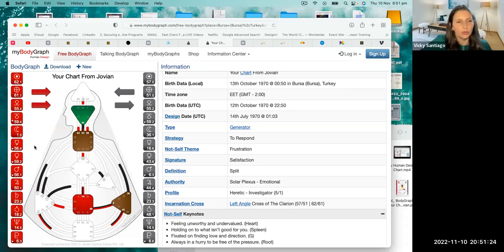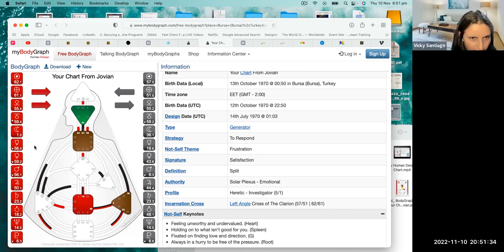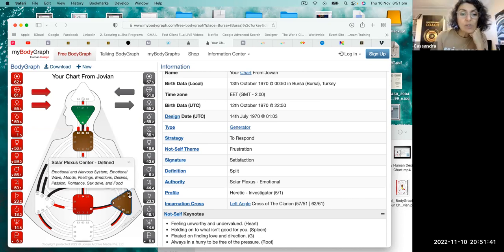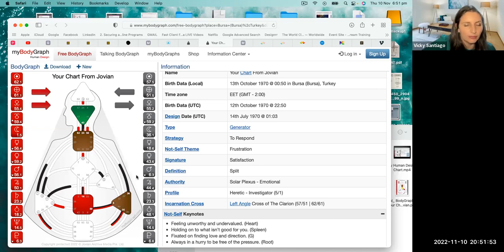So what you've got is called a wide split. They're quite far apart. However, you'll notice that if you find somebody with gate 35 in the throat, then that will connect through to your solar plexus, which is the brown triangle down the bottom.